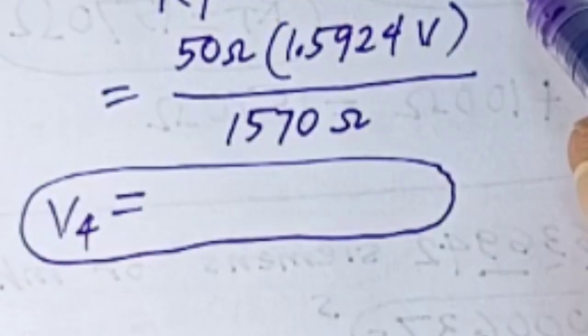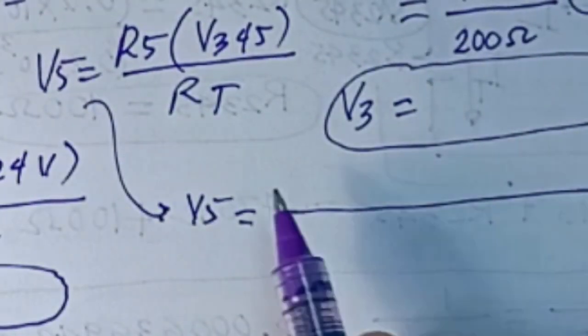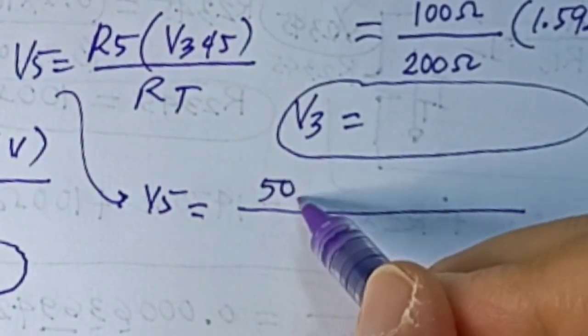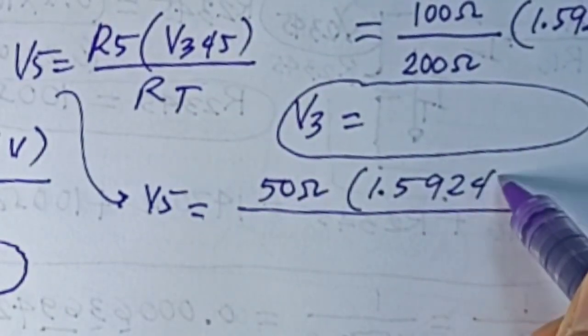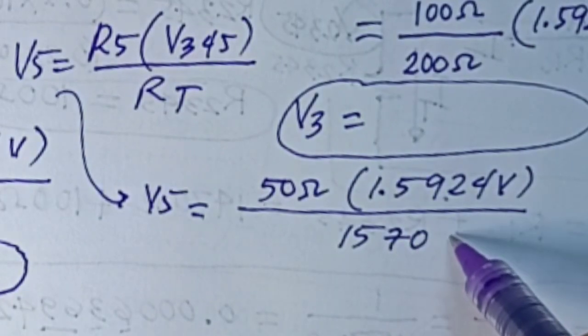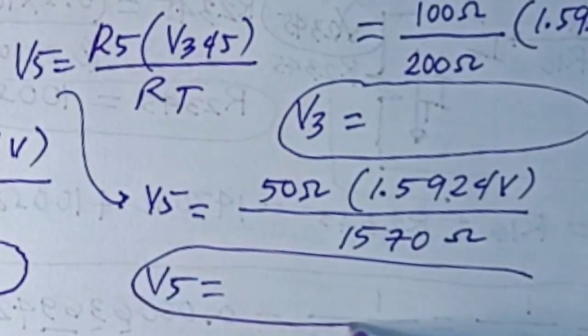I'll calculate later after I write the formula. Now let's continue with V5. V5 will be equal to our R5. What's our R5? R5 is 50 ohms. Let's multiply it with our V345 of 1.5924 volts over the R total of 1570 ohms. We'll get the value of V5 also.